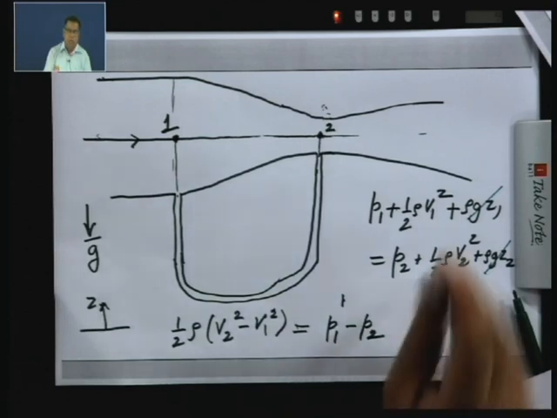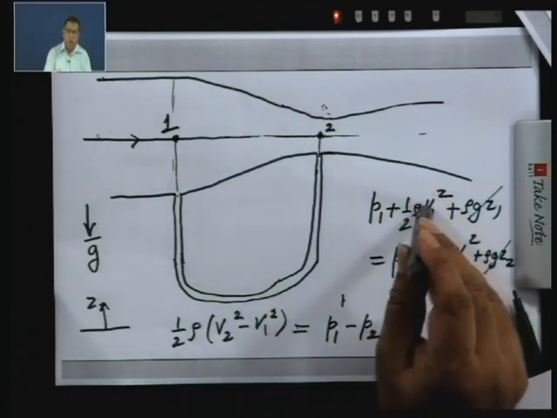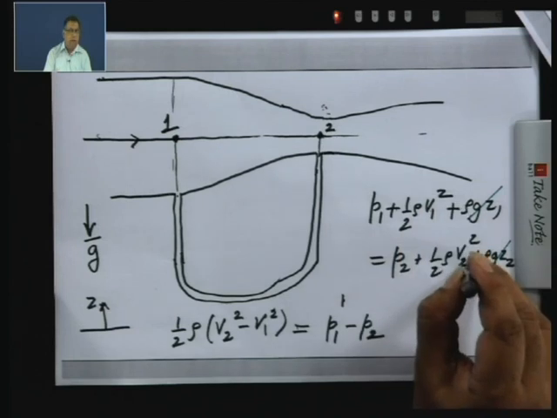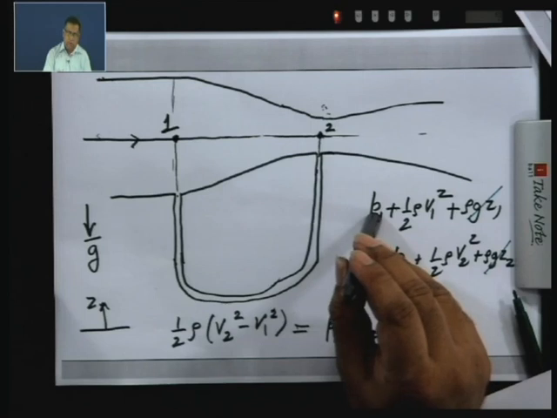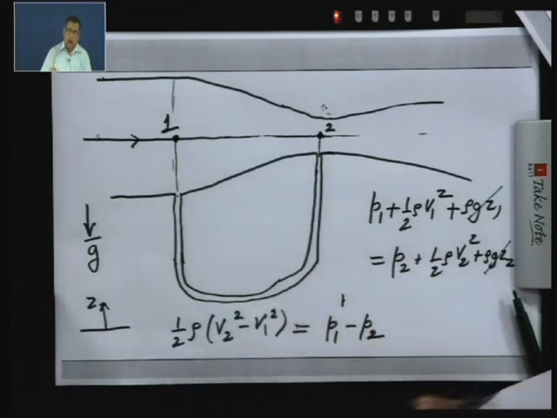All I have done is taken this term and brought it to the right hand side of the equation, and the term P 2 I have brought to the left hand side. Now, this P 1 minus P 2 you can measure using this manometer.